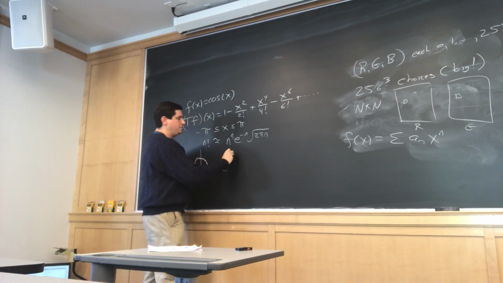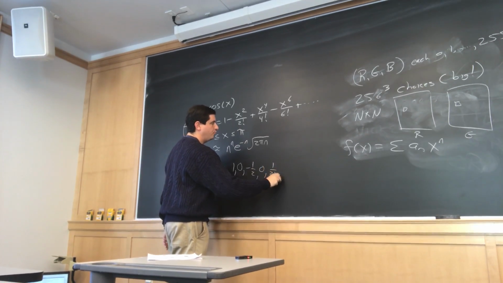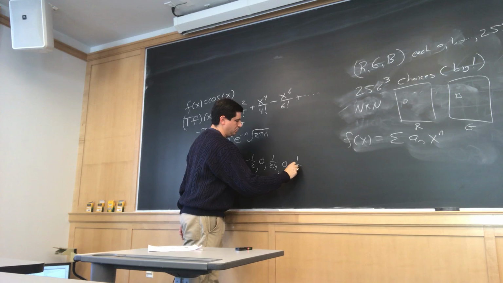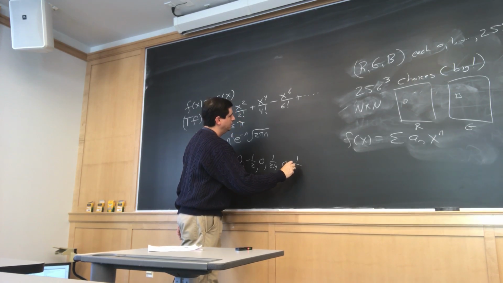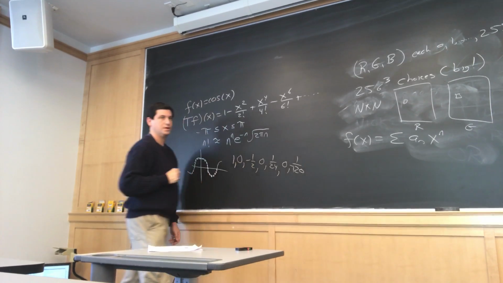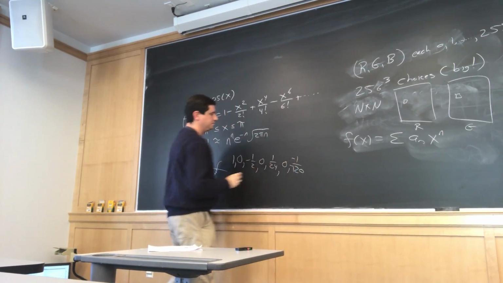Instead, I transmit 1, 0, minus a half, 0, 1 over 24, 0, minus 1 over 720. I'm sorry? Minus 1, thank you.